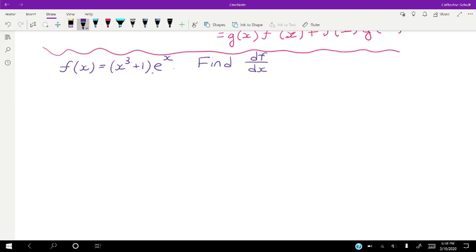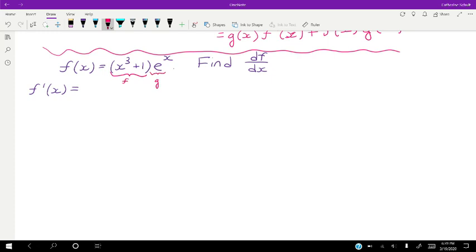We have a product. So that tells us that we have to use our product rule. Notice even if we were to simplify this and distribute that e to the x, we would still have a product, x cubed times e to the x. So no matter how we slice it, we have a product. All right, so we have to identify our two functions. We can call this first factor f, and we'll call the second factor g.